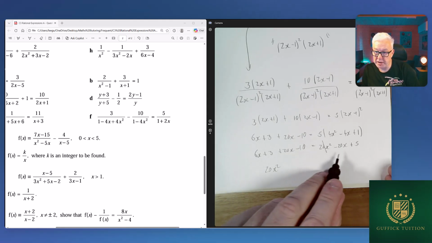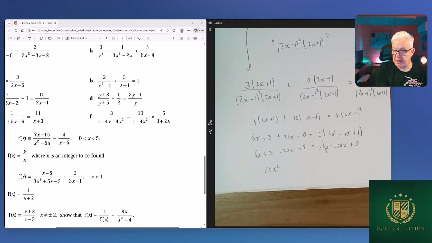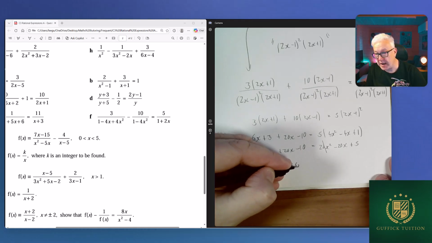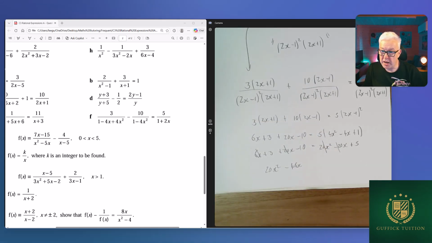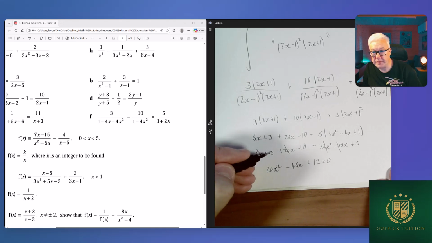We have got minus 20x minus another 20x, minus 6x is going to be minus 46x. Dealt with that, dealt with that, dealt with that. And then finally we have 5 add 10 is going to be 15, and 15 take away 3 is going to be 12. So plus 12 equals 0.